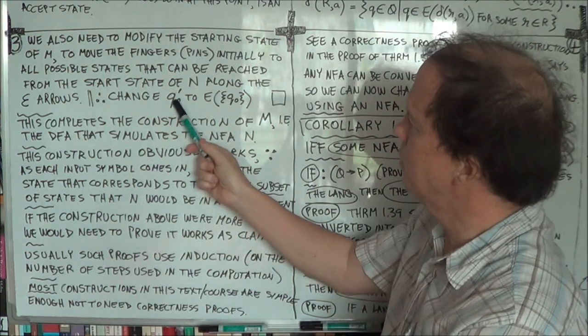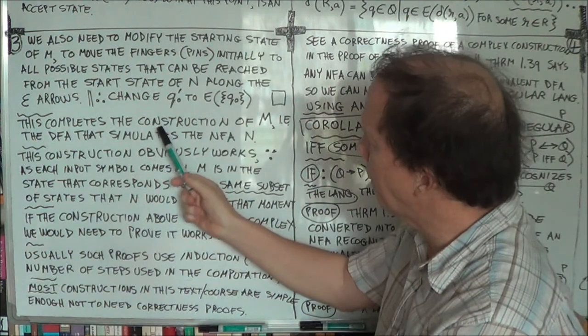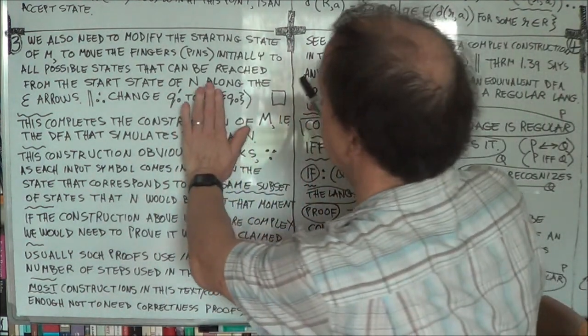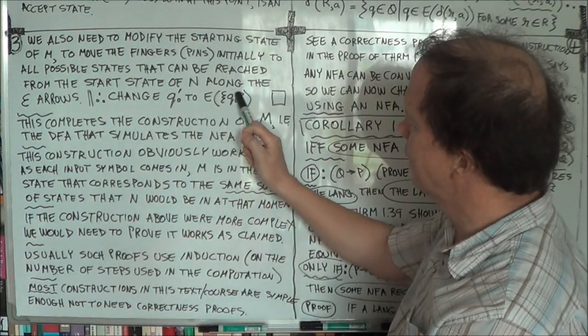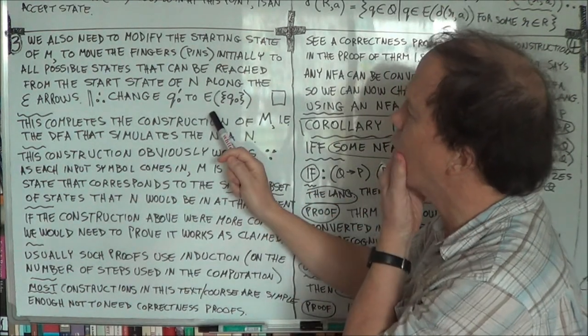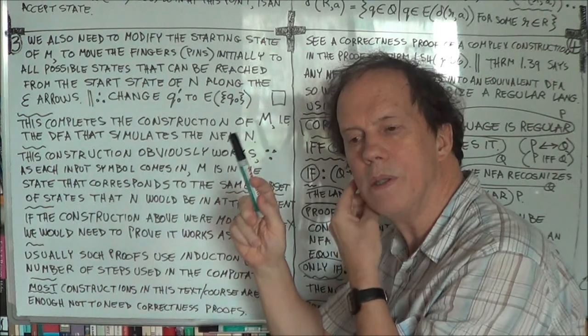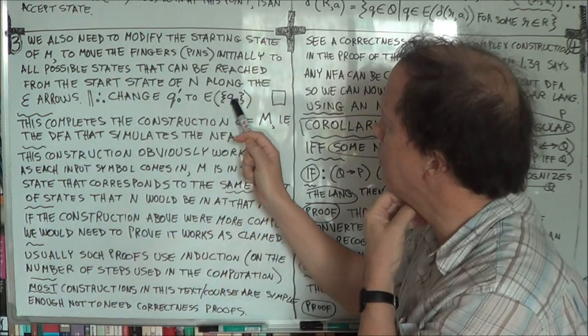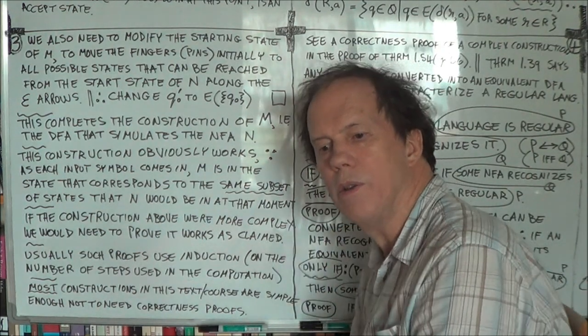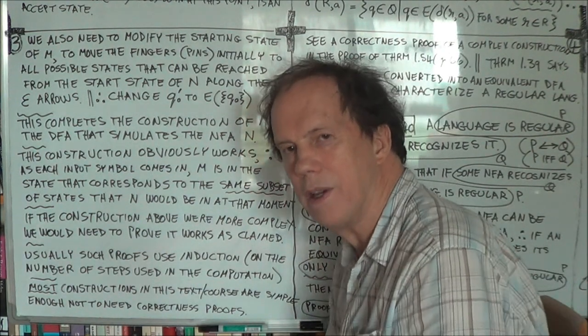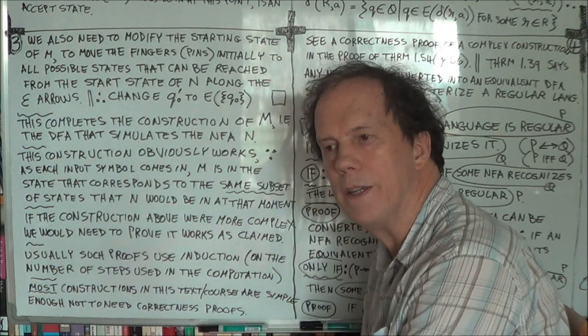So instead of Q0 dash just being the set Q0, we need to include not only Q0 in the set. We also need to include those states that the eta arrows point to in the NFA.